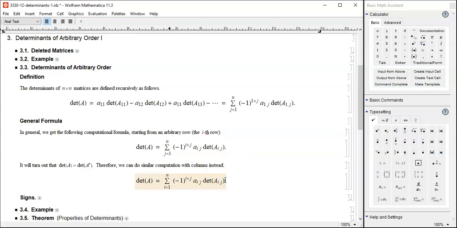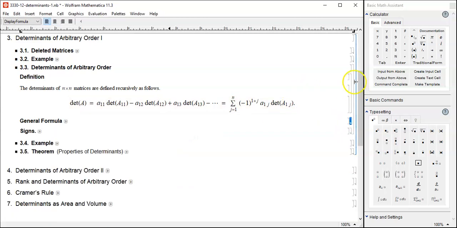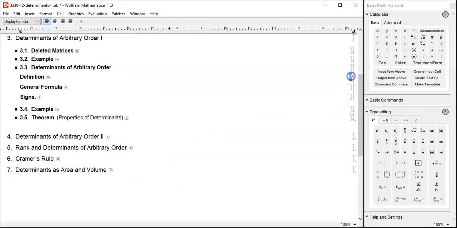If you have a lot of zeros in a certain row, go ahead with the row formula in that row. But the definition is going by the first row so that we have a concrete definition recursively. For the other formulas, we have to actually prove that these are equivalent to this. And that proof is going to be done in an optional video because it can go deep very quickly.